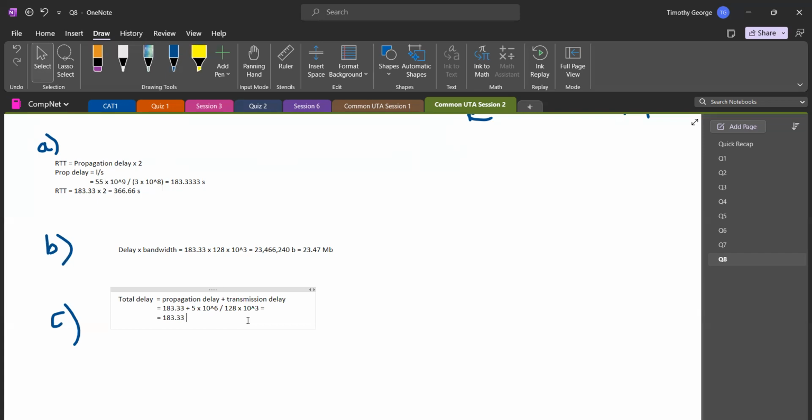If we do 5 divided by 128, we get 0.039 on my calculator. And what is the power going to be? 10 raised to 6 divided by 10 raised to 3 is 10 raised to 3. So clearly this is actually going to be 39, but let's do that in the next step. That's 183.33 plus 39. That's your answer: 222.